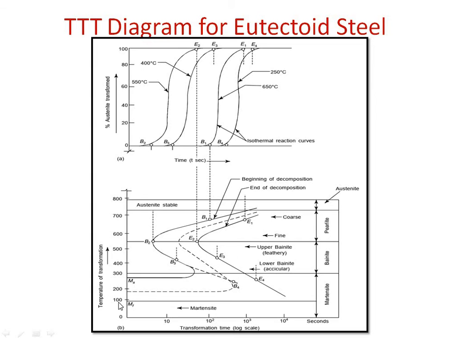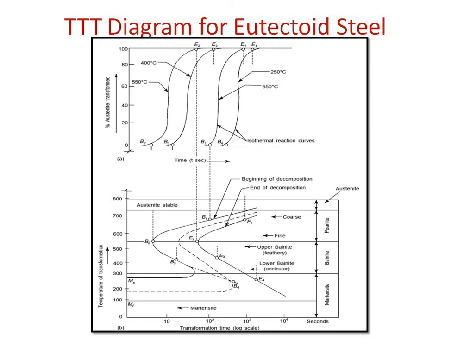And below the Ms temperature, that is the martensite start temperature, we will get martensite. The austenite to martensite transformation never goes to completion. So this is the time temperature transformation diagram obtained for eutectoid steel, that is 0.8% carbon steel.